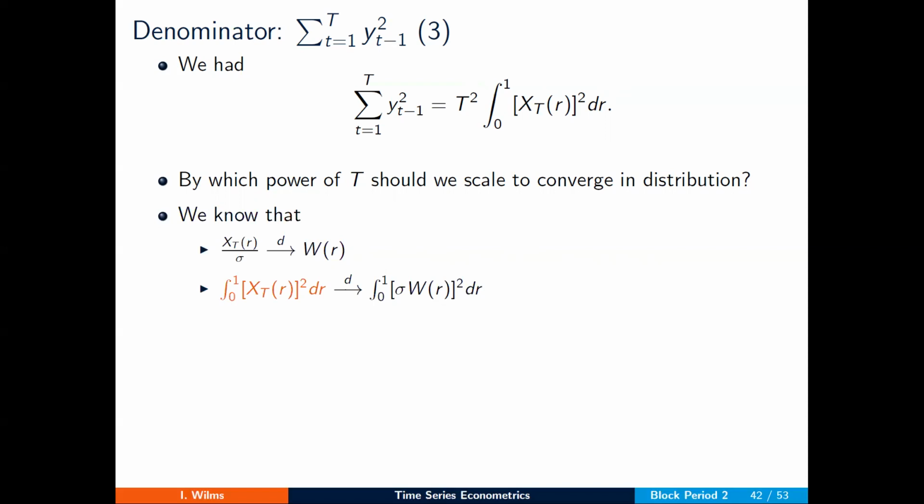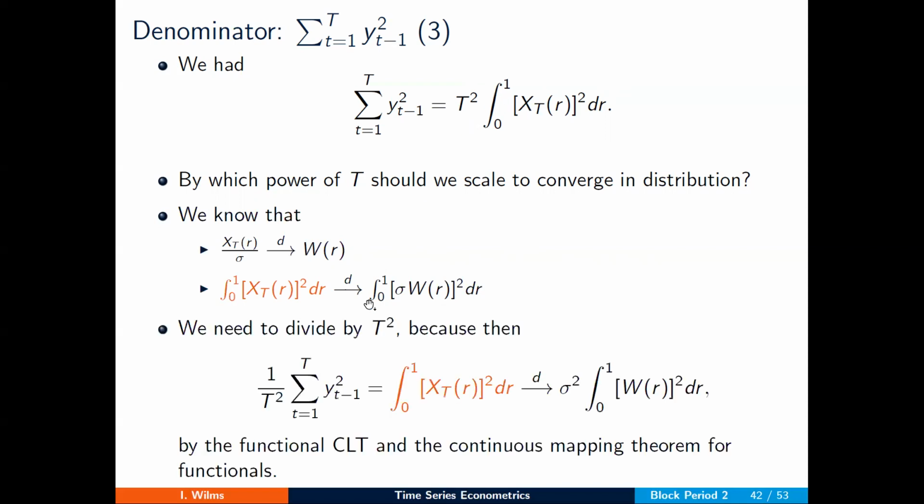Of course, we don't have this term in red, but it's blown up by t squared. So if we would divide by t squared, we would exactly get the red term. And we know that this guy converges to this expression over here by the functional central limit theorem and the continuous mapping theorem.